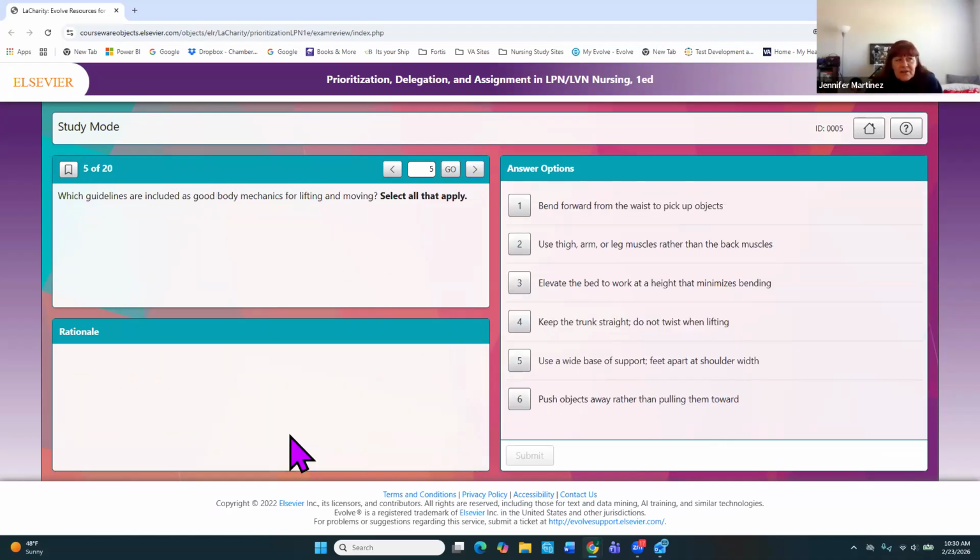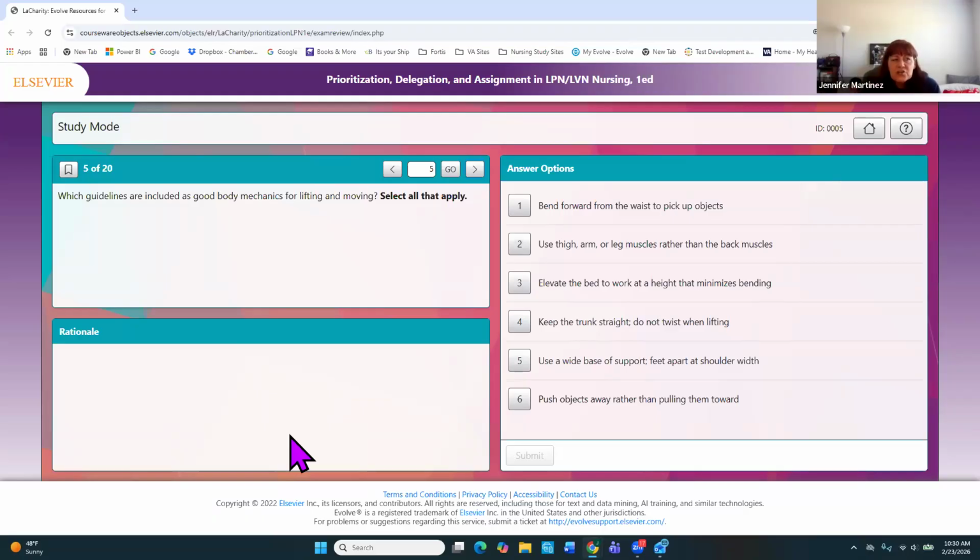All right, we have a select all that apply. Which guidelines are included as good body mechanics for lifting and moving? Bend forward from the waist to pick up objects. Use thigh, arm, or leg muscles rather than the back muscles. Elevate the bed to work at a height that minimizes bending.